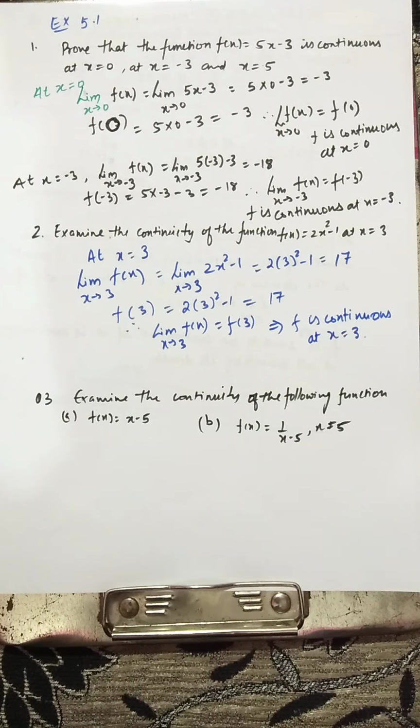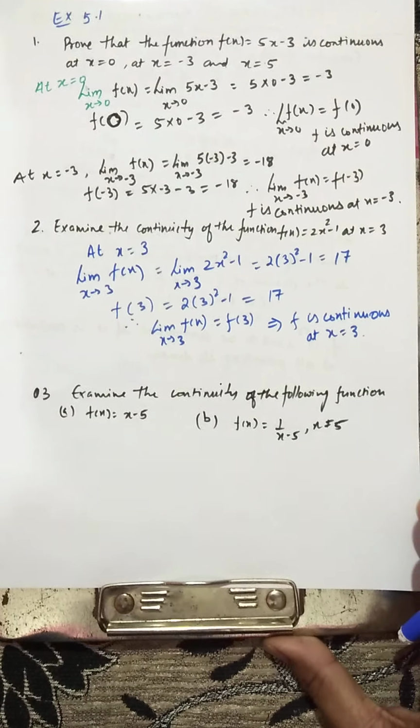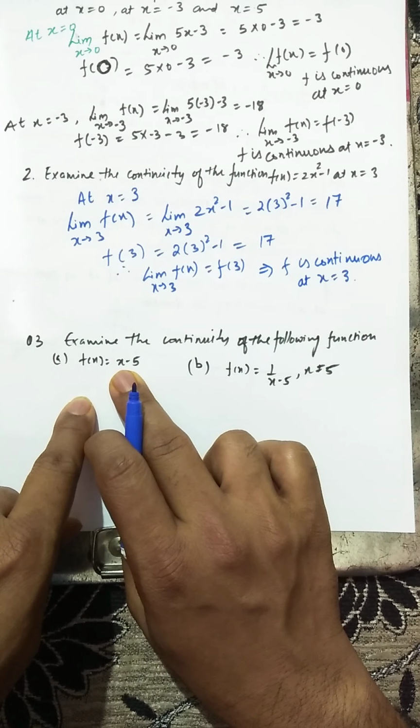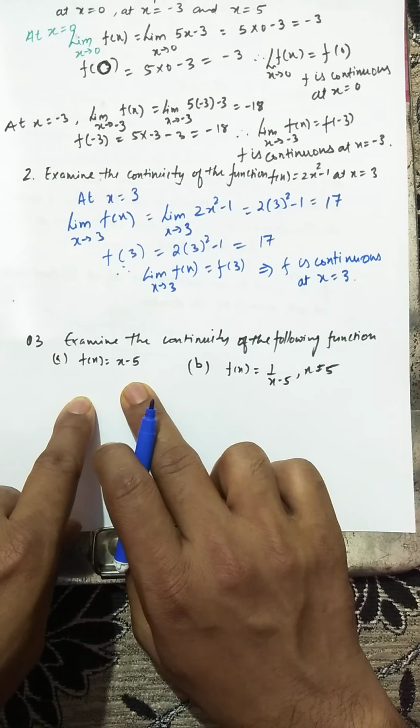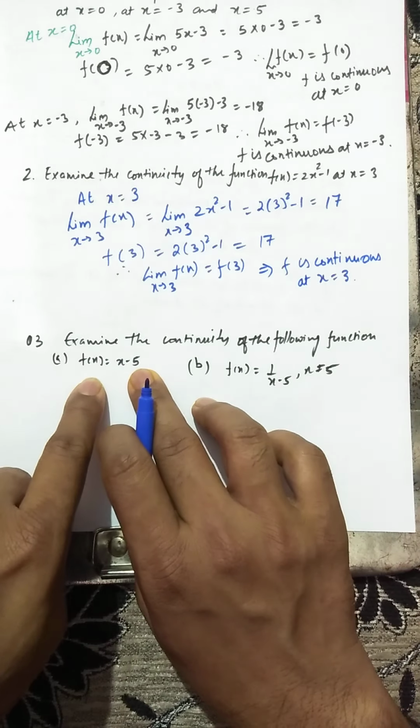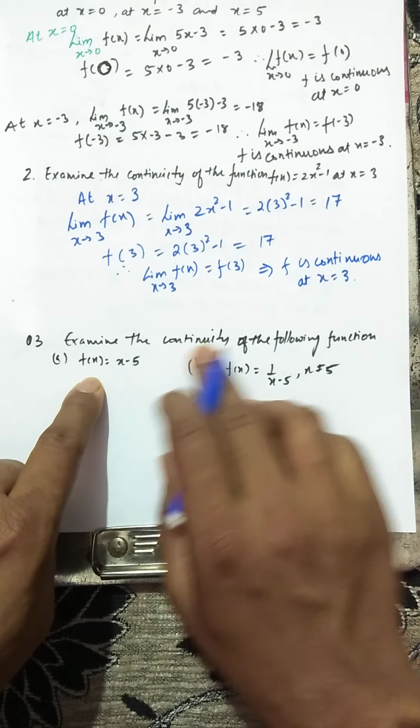Now come to question number 3. Again you have to check the continuity of this function, but here you can see the point is not specified. It means the domain of this function is the real numbers.